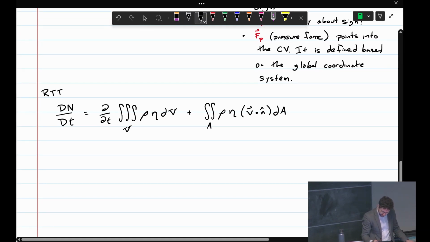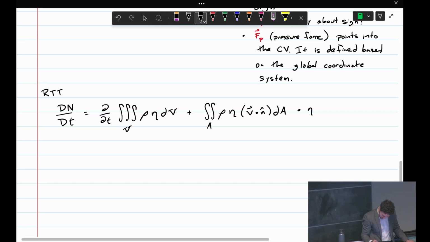So the notes about this equation: eta is sort of big N per unit mass.